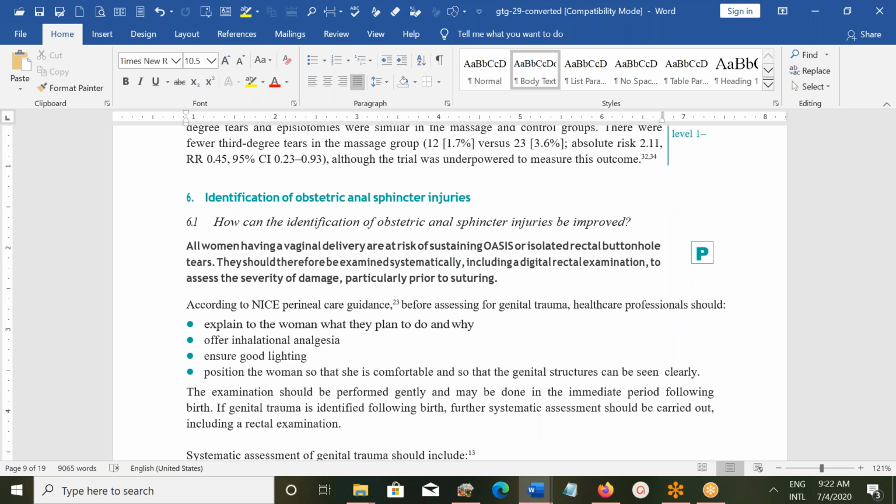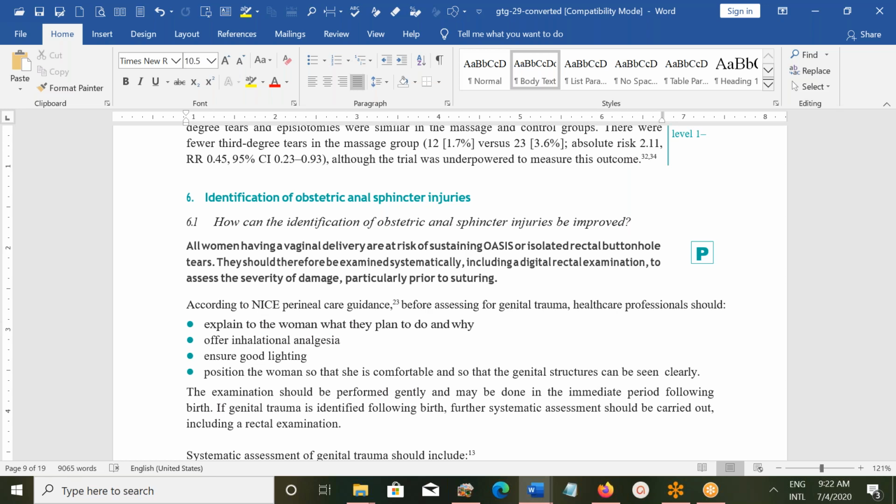The risk factors can be according to this: all women who are having vaginal delivery are at risk of sustaining OASIS or isolated rectal buttonhole tears, and therefore they should be examined systematically, including a digital rectal examination to assess the severity of the damage, particularly prior to suturing.